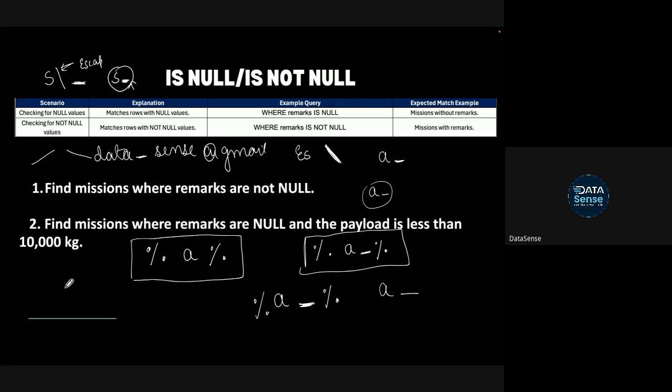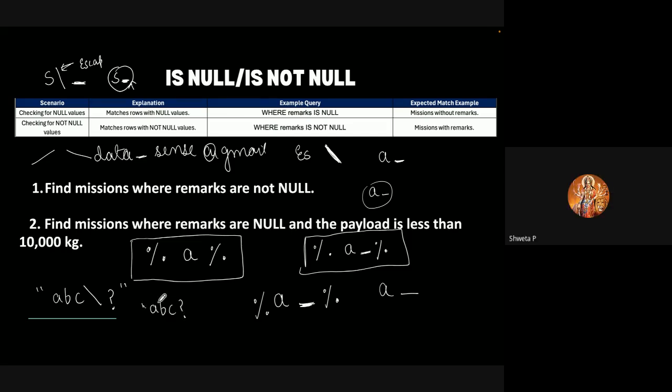So for example, let's say I use a pattern like this: A, B, C, then a backslash and a question mark. What does this pattern mean? It means match something which has ABC followed by an actual question mark.